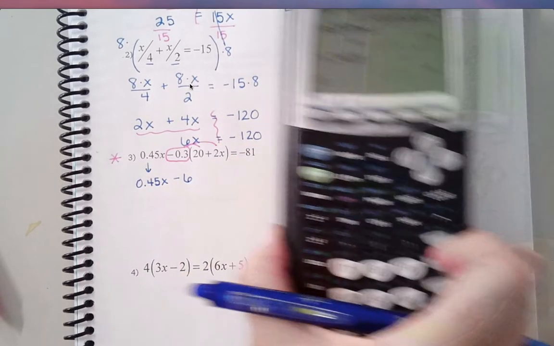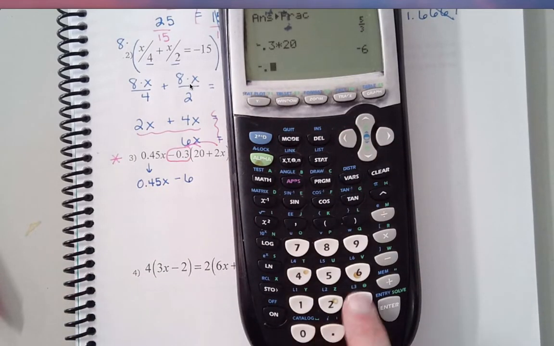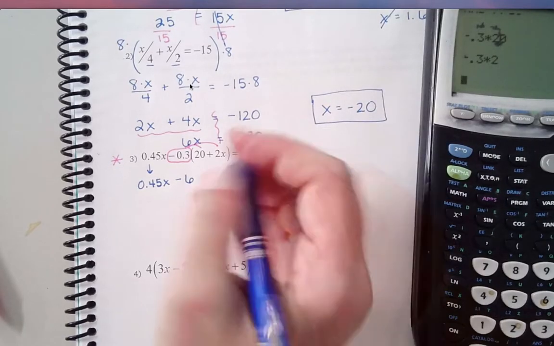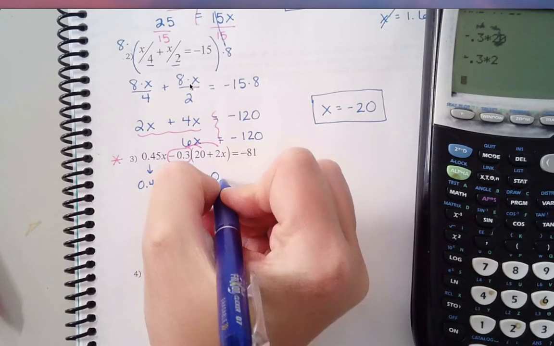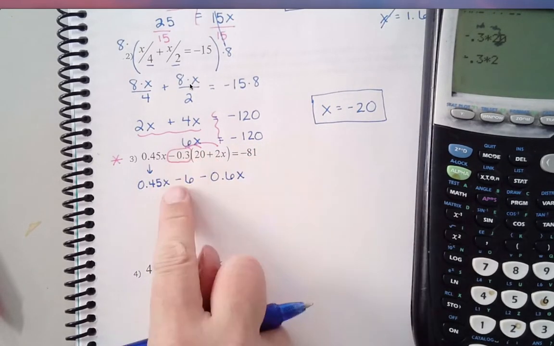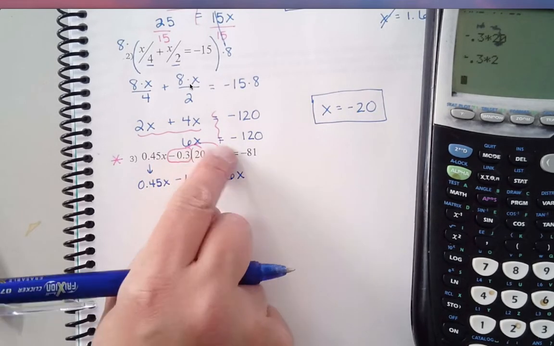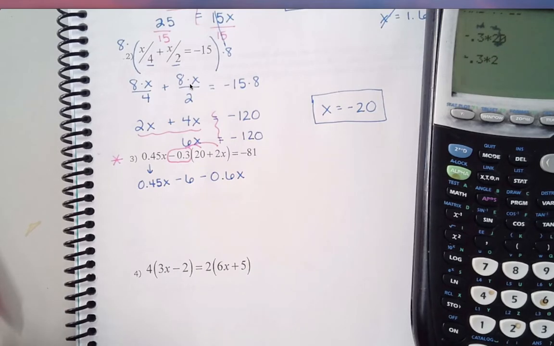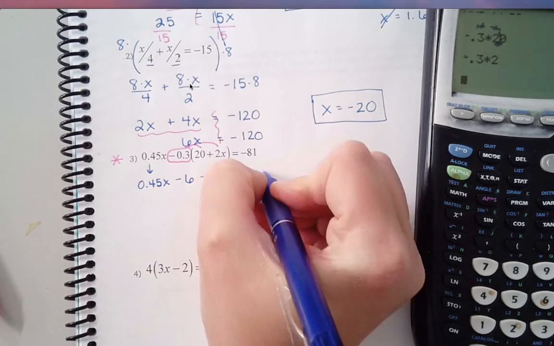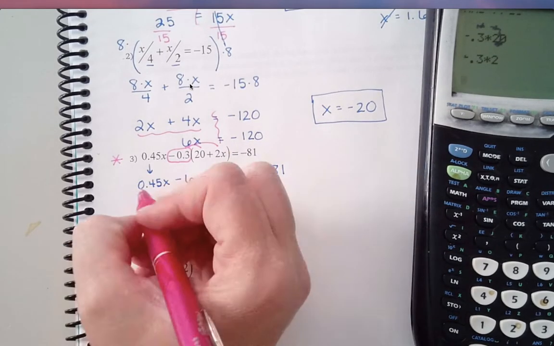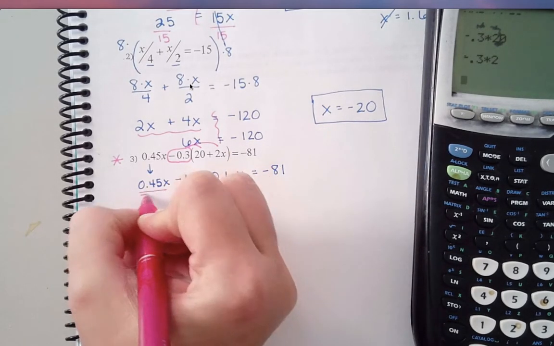And then I'm going to do negative 0.3 times 2, and I get negative 0.6. But do you see how both of those are now negative? That's because that negative sign got spread inside the parentheses, and that's what has to happen here. Okay, equals negative 81.